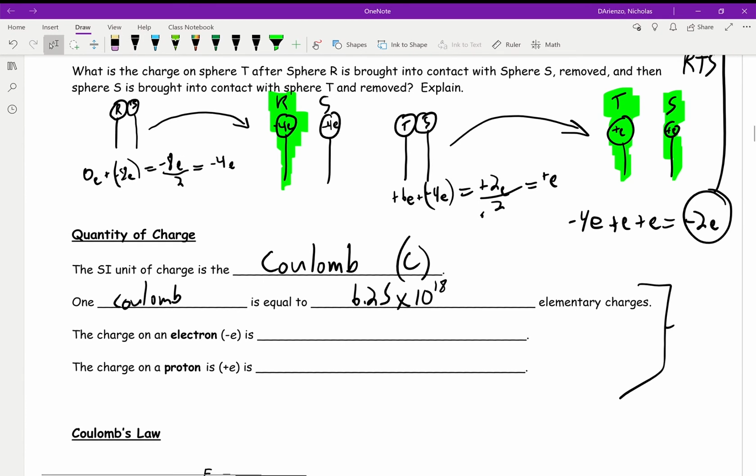And we're going to find each of these on the front page of the reference table. And it's under the physical constants.